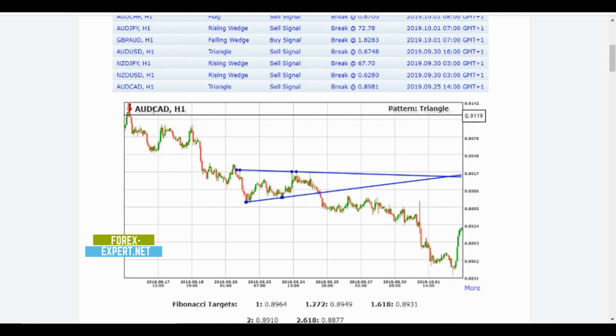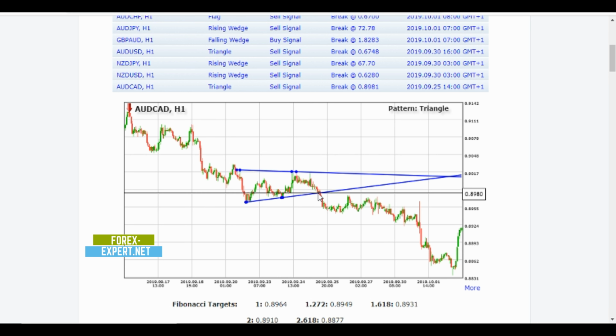The Australian dollar and the Canadian one, we have a triangle. No pullback in this situation. But you shouldn't place your stop loss just below this trend line, because I told you before, often the price will test again the trend line or come back and then go the direction it should go.